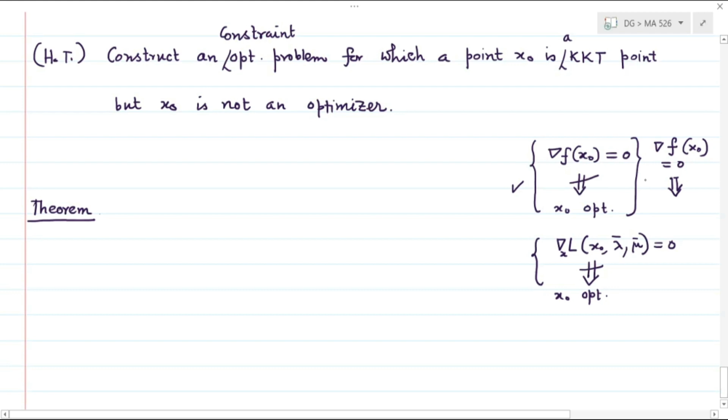But what do we mean by a convex optimization problem? By a constrained convex optimization problem, we mean a problem of this type: a minimization of a convex objective function subject to x belonging to a convex constraint set. Your constraint set must be convex.